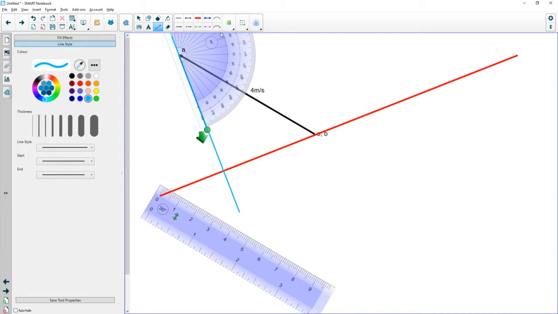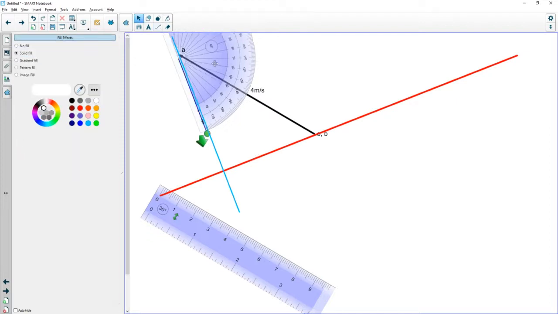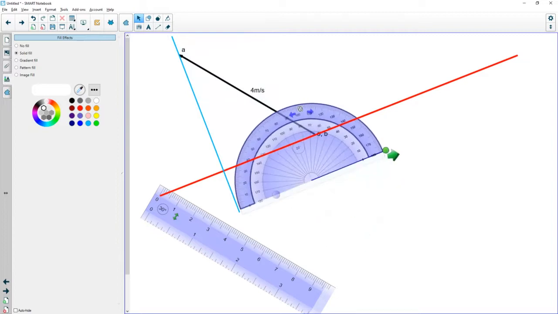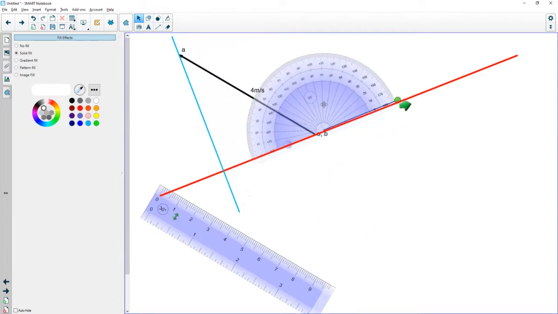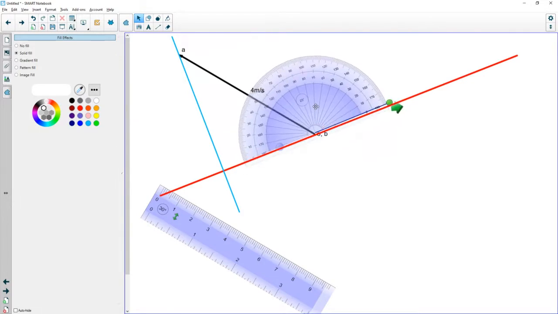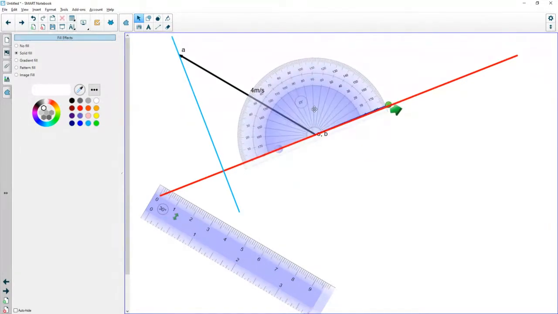Right, now what that's done is created a triangle. We can measure the angle here, but we actually don't need to measure it because we can calculate it. But we can measure this angle here. It's going to be 51.25 degrees.